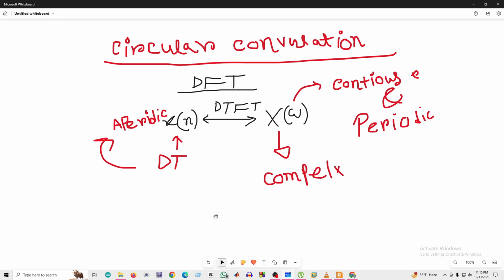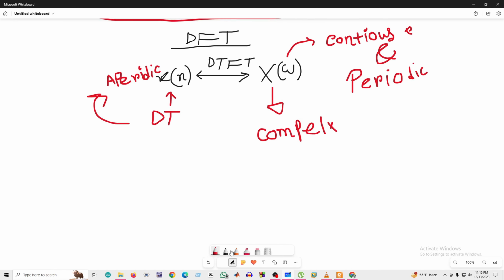Now if you consider another transform of x of n, let's say you have x of n and you do the transform, and the transform is the DFT, that is the discrete Fourier transform.